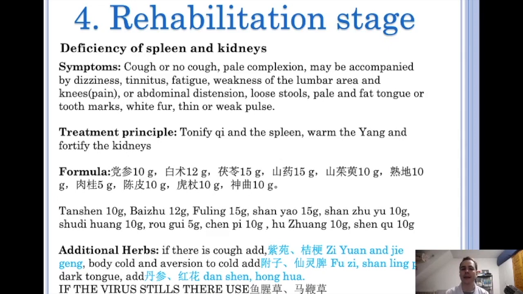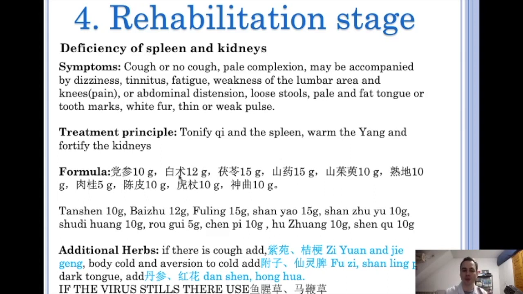And the principle here is to tonify the qi and the spleen, warm the yang, and fortify the kidney. So in this case, we are going to focus on tonifying the kidneys, tonifying the spleen, and taking out the dampness. That's the most important thing, okay? So to tonify the spleen, we have Dangshen, okay, a type of ginseng.